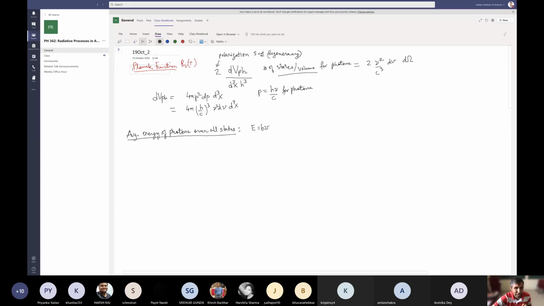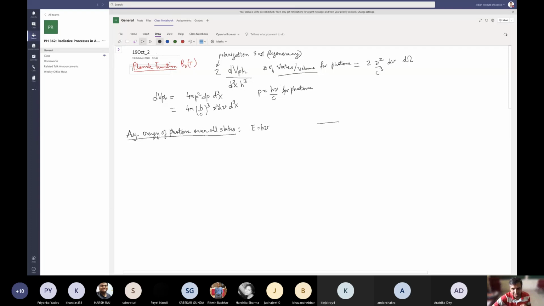Only with this, a photon of frequency nu has energy E equals h nu, right? So this is actually forced upon us because of this Planck distribution that is observed. Okay, so basically this is how you consider this derivation.